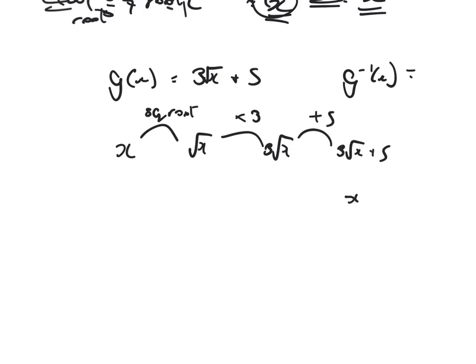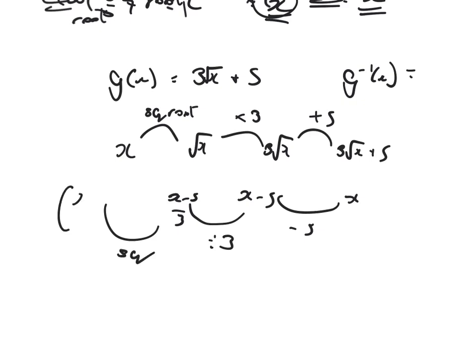So working backwards, start with x, I would take away 5 to get x minus 5. I would then divide by 3 to get x minus 5 over 3, and then the opposite of the square root would be to square it, and that would be (x minus 5 over 3) all squared, which would be the inverse function.